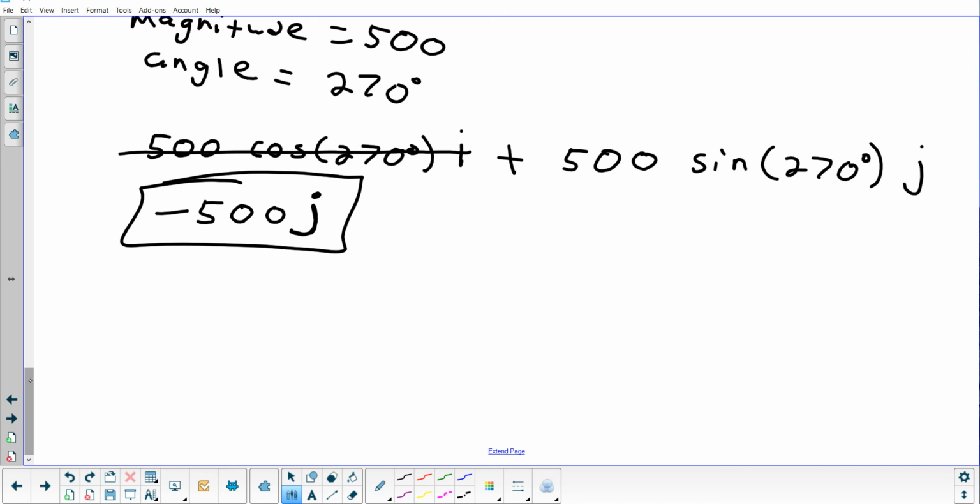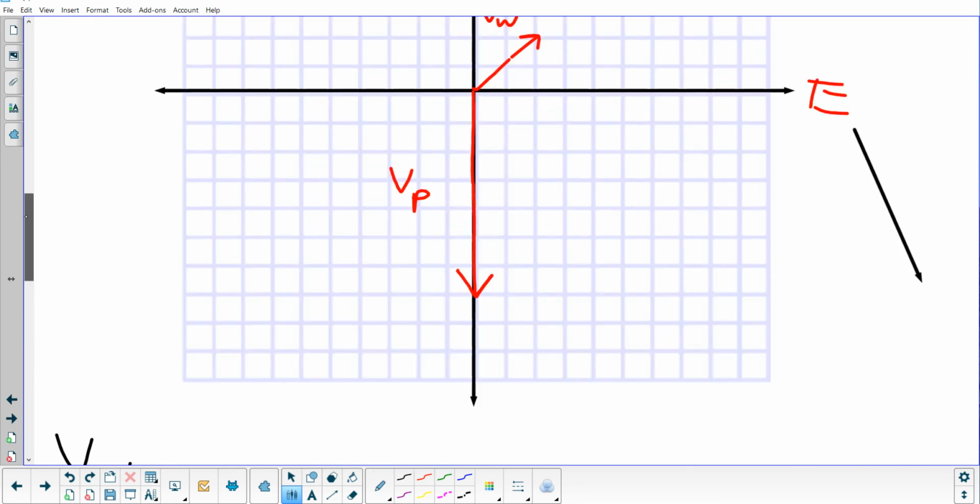Now, let's call this vector in black v sub a. V sub a for actual. That's what's actually going to happen. And remember how we calculate v sub a.